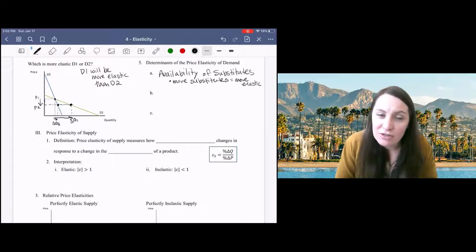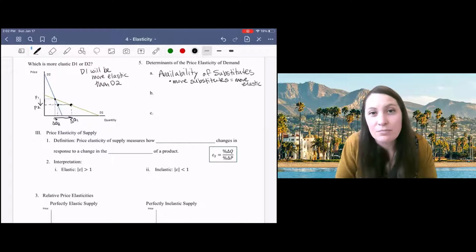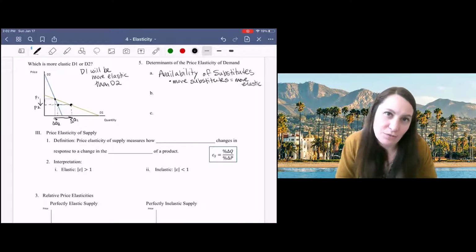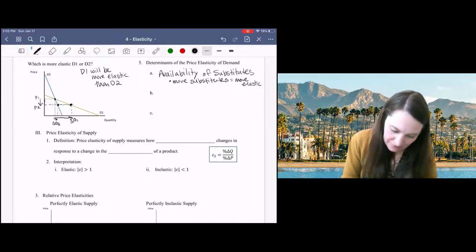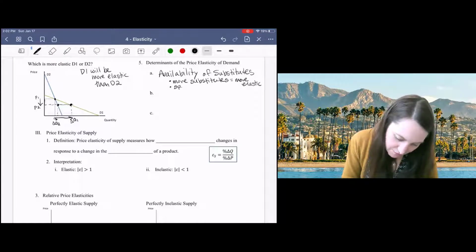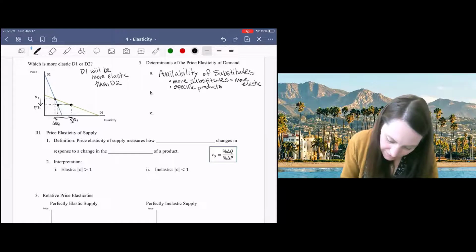Demand for food is inelastic because we all need it, but demand for a specific food product will probably be pretty elastic. So specific products will have more elastic demand.